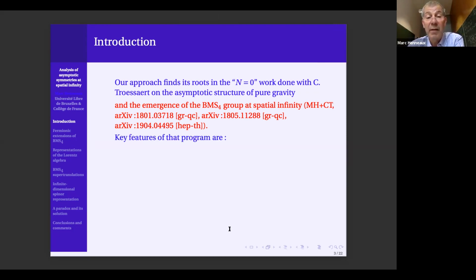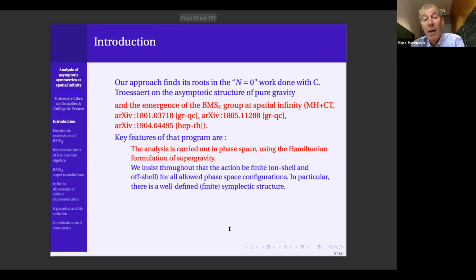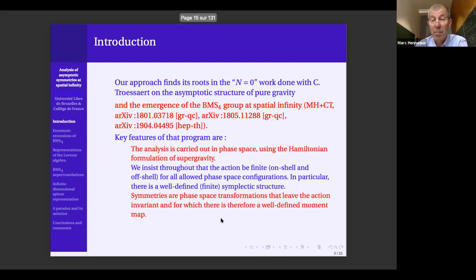But the key thing on which we insist is that we have a finite action, so a finite symplectic structure in particular, since we read it from the action. Then we define symmetries as symmetries which preserve the asymptotic fall-off.